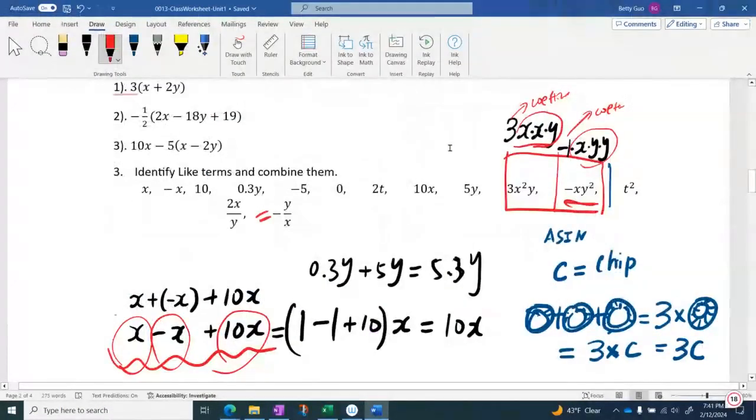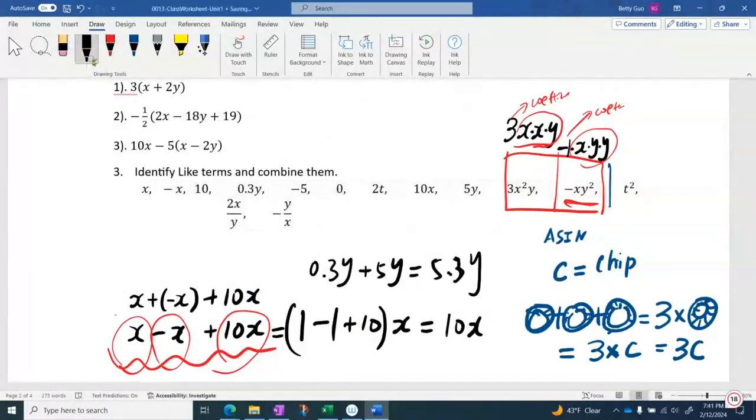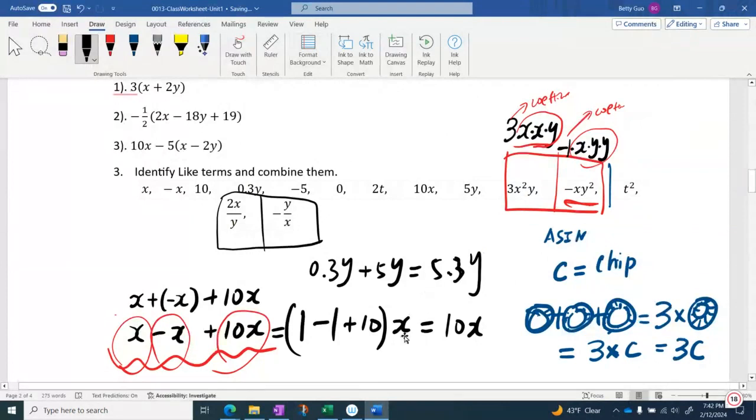What do we have? Oh, we have two more left. By the way, those two are terms as well. As I mentioned earlier, what is a term in general? A bunch of numbers and variables multiplied or divided together. So those two are also terms.